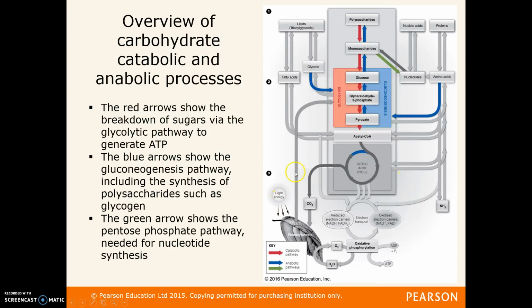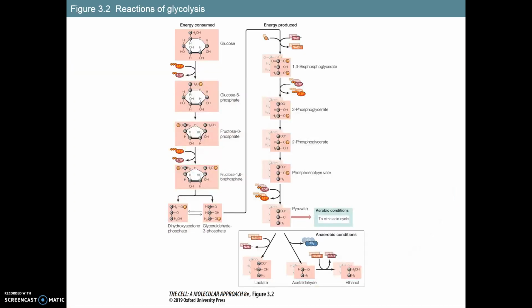All right, so we're going to focus in now on the central part, this glycolysis pathway that sits right here at the hub. And I'm going to go through the reactions in detail, pointing out some features along the way. Now, glycolysis is broken up into two parts.